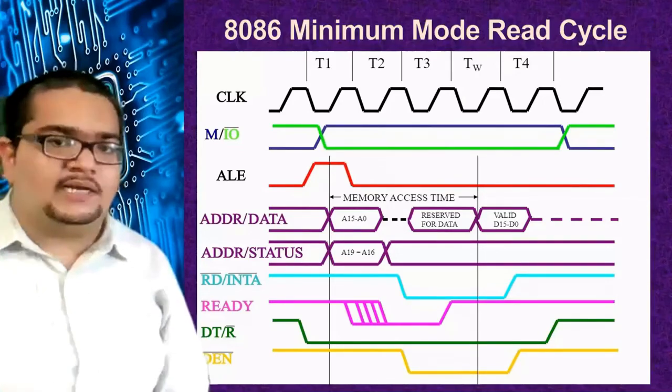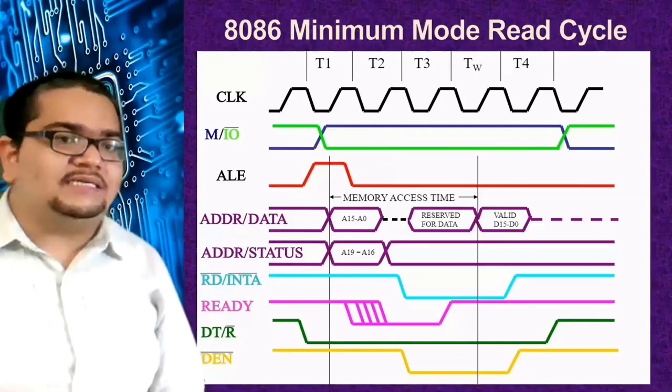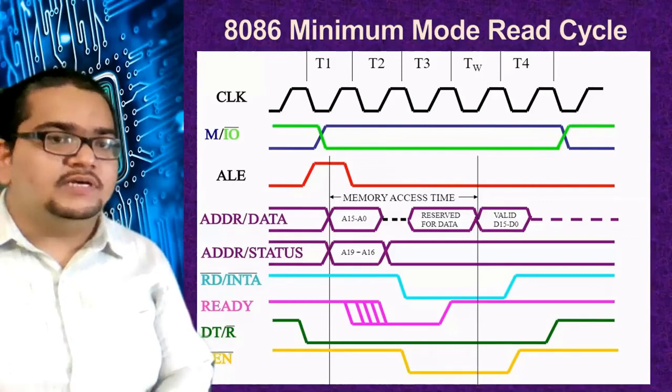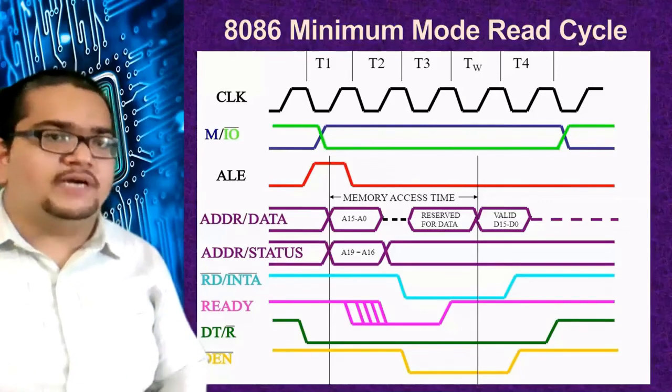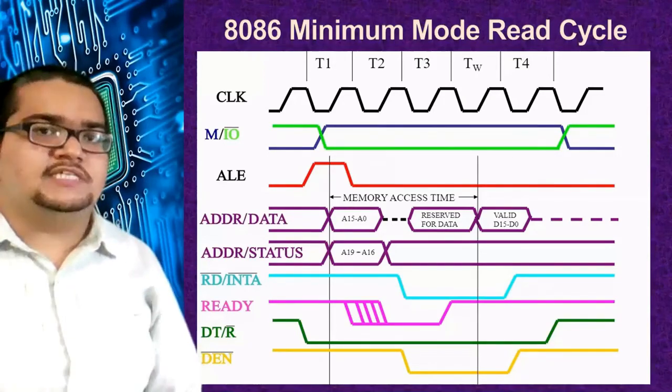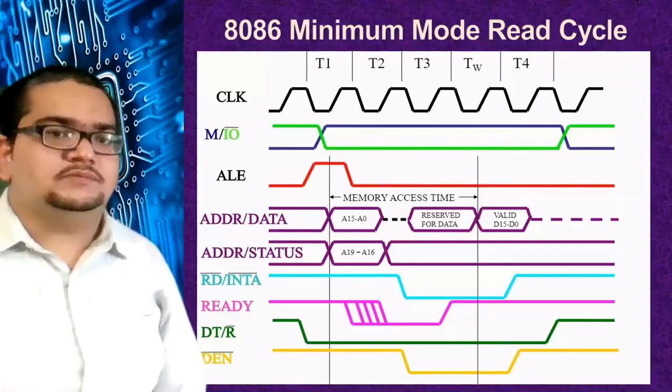So this is maintained low throughout because it is DT/R bar, data transmit/receive bar. When it is low, it is receiving. When it is high, it is transmitting. So this is the 8086 minimum mode read cycle.